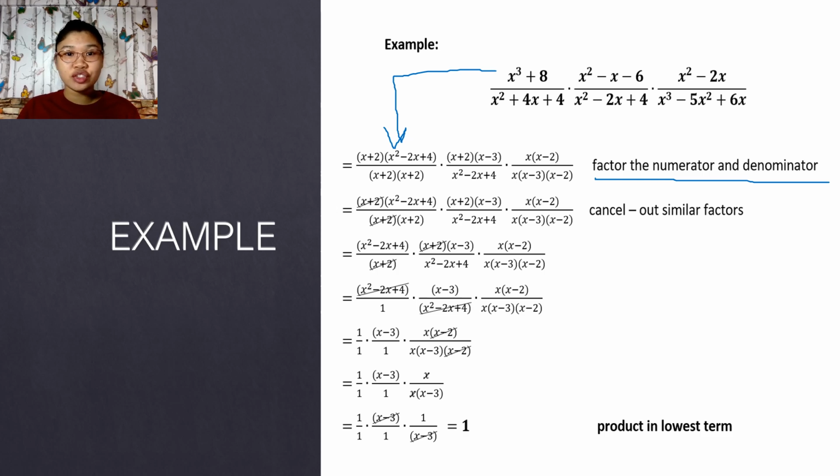And then let us focus first on the numerators. x squared minus x minus 6 is equal to x plus 2 multiplied by x minus 3. So you must be good in factoring to achieve a proper lowest term of a certain rational expression. And then we have here x squared minus 2x, and the factor is x times x minus 2.